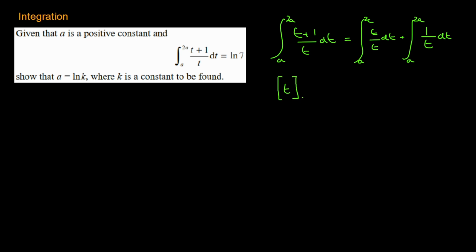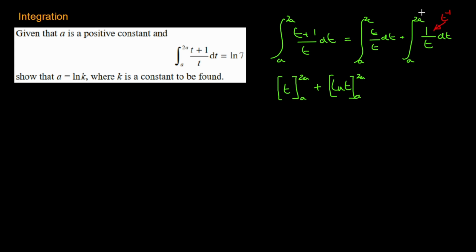And our limits are a to 2a, plus. Now the integral of 1 over t is ln t, also from a to 2a. Remember, 1 over t was the integral originally we couldn't do, because this is equal to t to the minus 1, and if you raise that power by 1, you get t to the naught, which is 1, which is clearly the wrong answer.